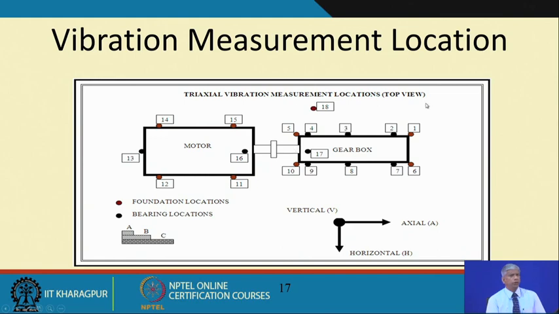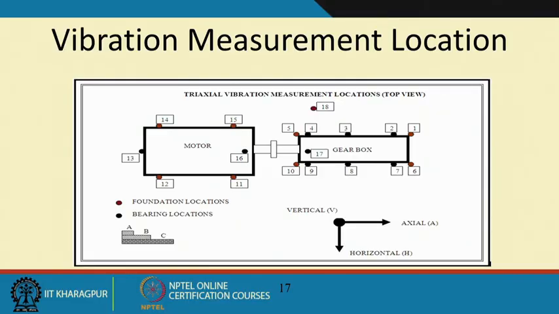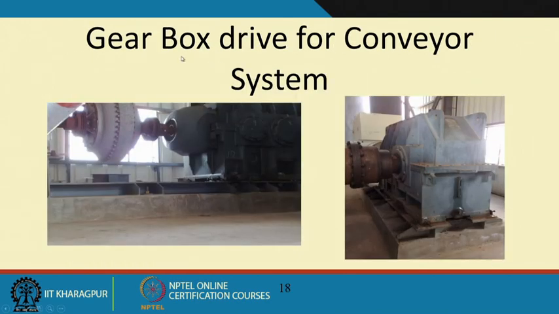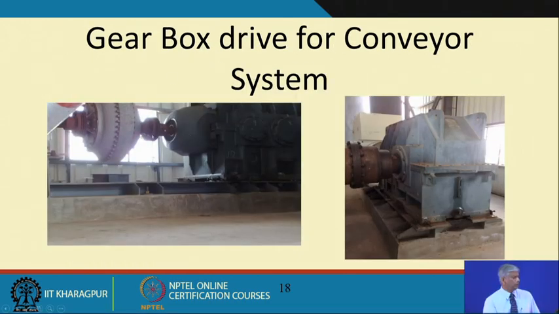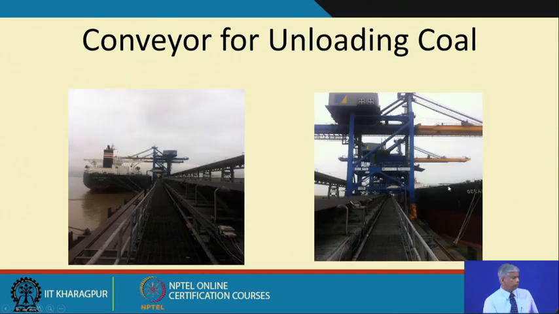These are some of the locations where we need to put the transducers, because everybody needs to know where to put the transducer when doing vibration monitoring. It is usually the bearing locations or the foundation locations, and so on. I will discuss more of this in the next class. And these are some examples in gearboxes and conveyor systems where we are measuring vibrations.